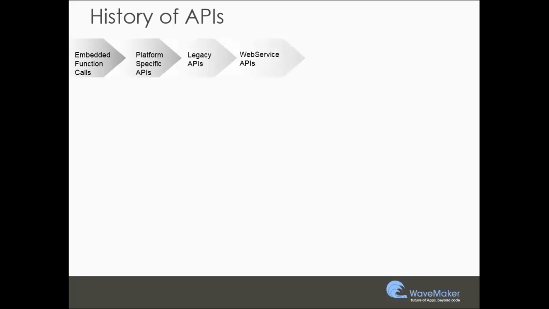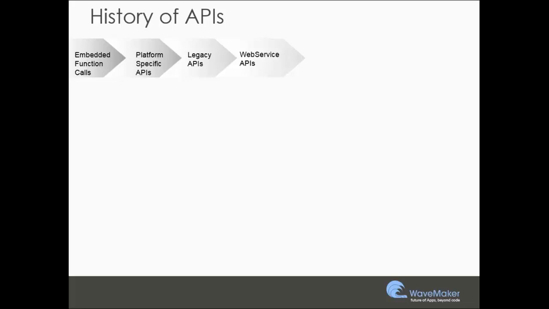So briefly talking about the history of APIs. I remember back in the days when we used to be in the Pascal and Fortran programming days, we had these embedded function calls. They were a piece of code that could be reused across the application, and were embedded right in the application. Then the era of platforms came.